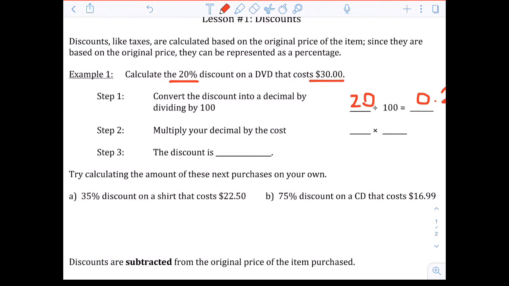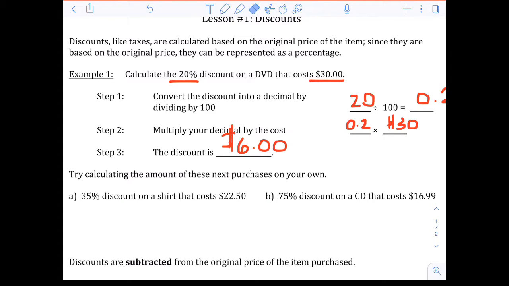So we're saving 0.2 of $30. So when we take out our calculator and we put 0.2 multiplied by 30, we end up getting $6. That's how much we're saving.